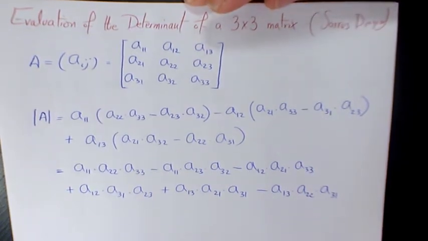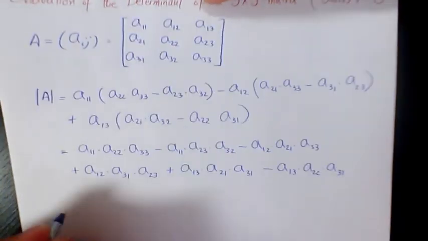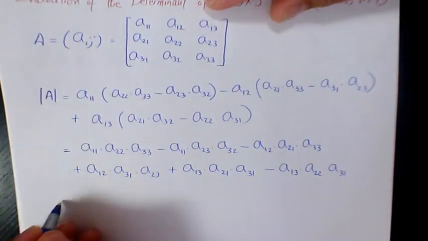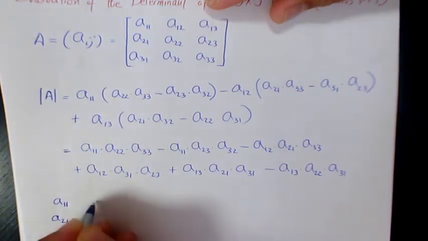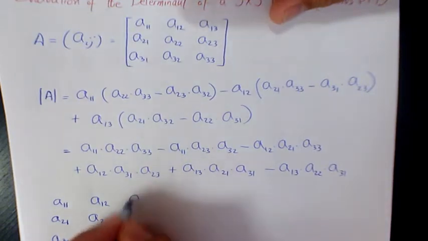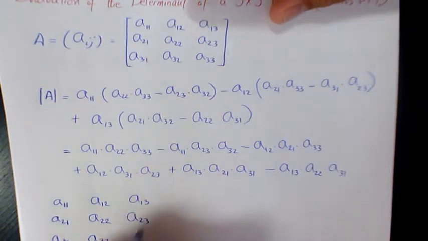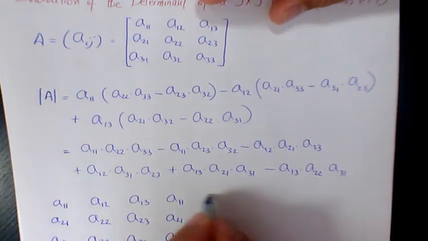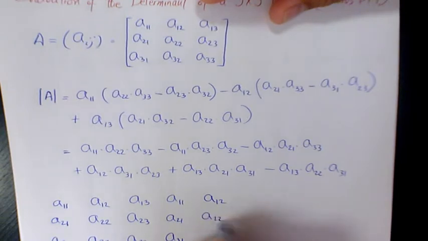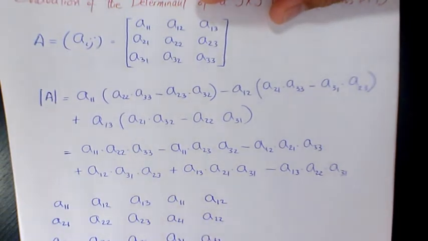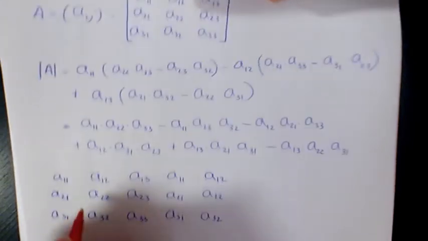It's called the series method. Here I'm going to list all the elements: A11, A21, A31, A12, A22, A32, A13, A23, A33. Then I'm going to write the first two columns again: A11, A21, A31, A12, A22, and A32.